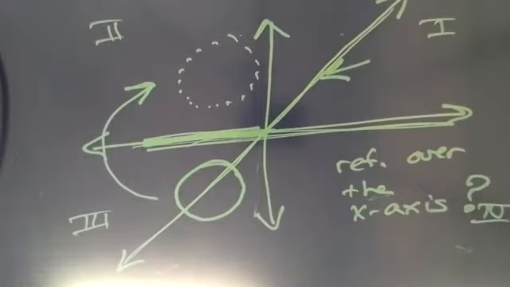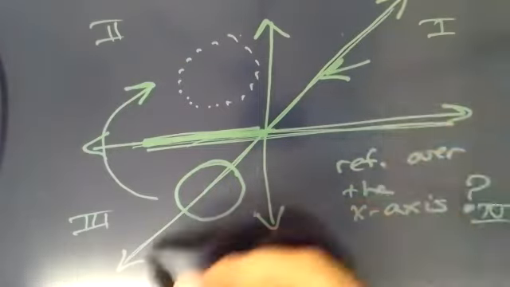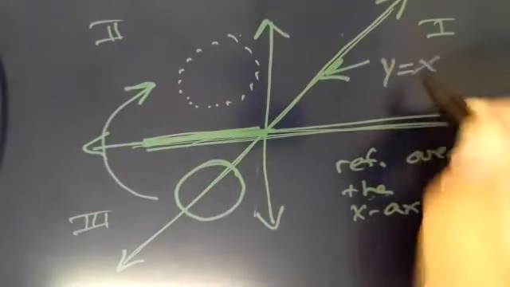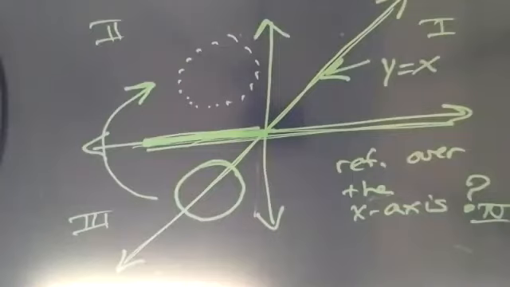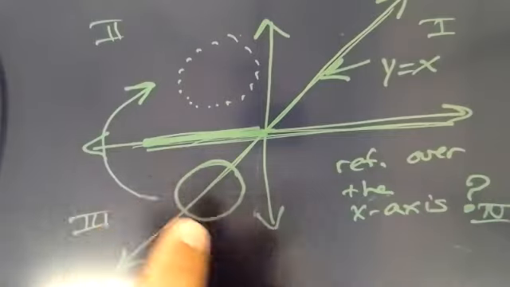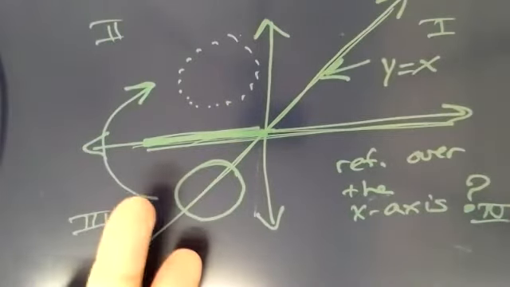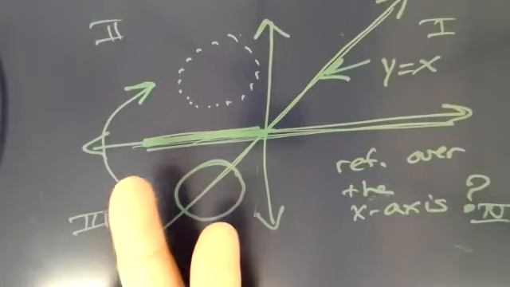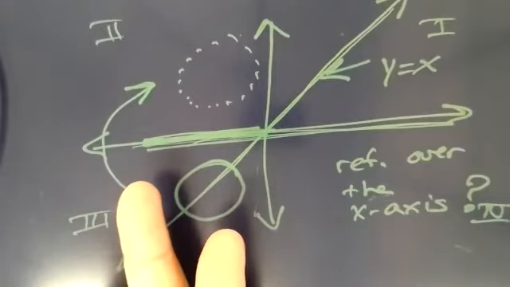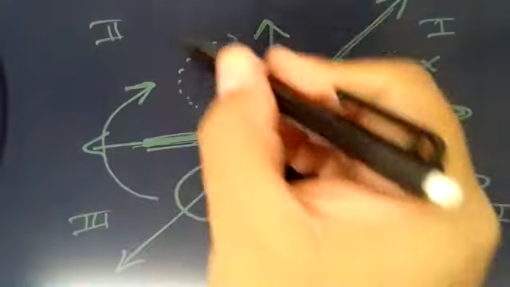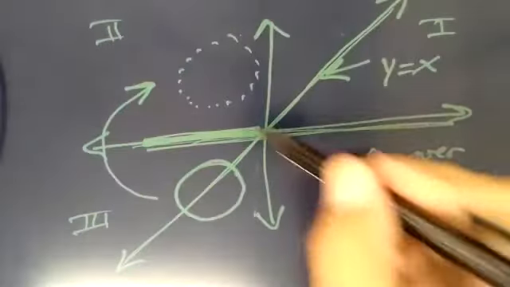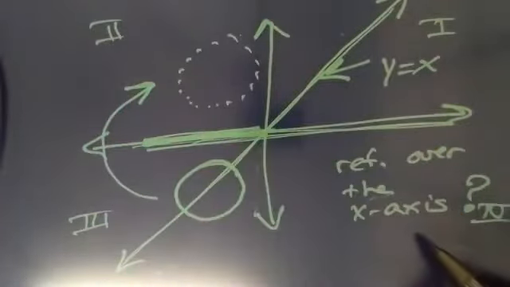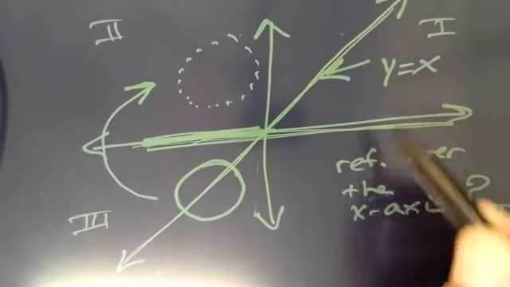There you go. Well, it's one or the other. That's fine. This line is actually y is equal to x. It's a reflection over y is equal to x. In other words, guys, this circle will flip right on that line. Okay? Now, if it was this line coming down this way, it'll be y is equal to negative x. Okay? So you need to know those things.